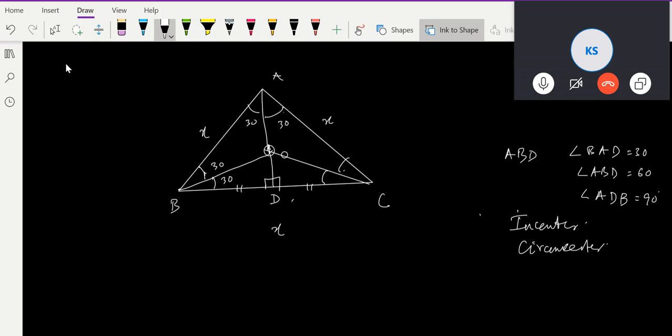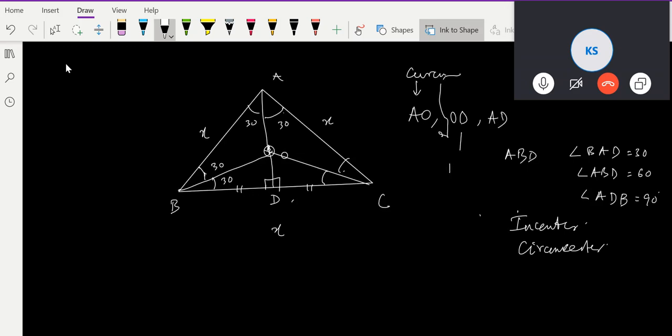So now, how do we find the length AO, OD, and AD? Length of the median, the inradius, and the circumradius. AO is the circumradius, OD is the inradius, and AD is the median.